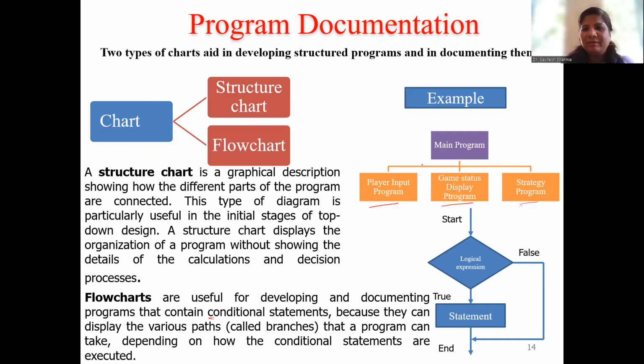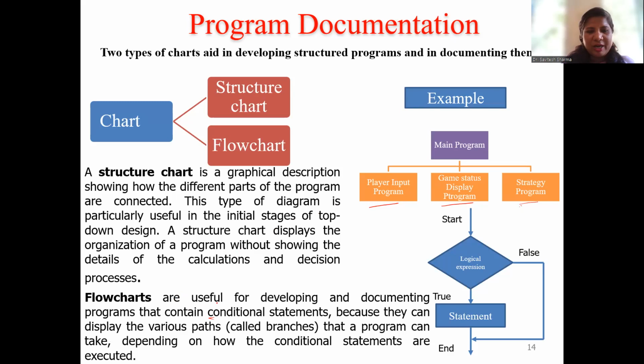So in this you see we divide the main program into three subprograms: player input program, game status display program, and the strategy program. So easily we can say that my program is divided into sub-modules. Here we are not showing any calculation or any decision process.